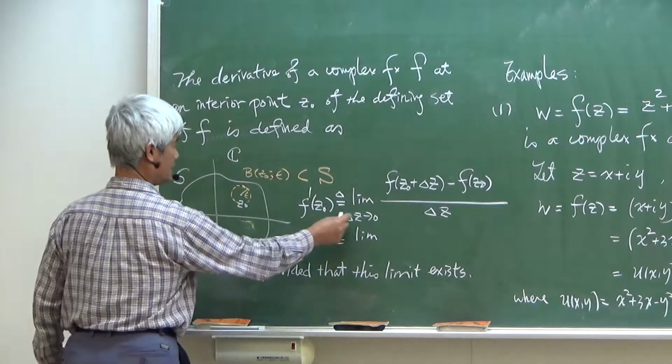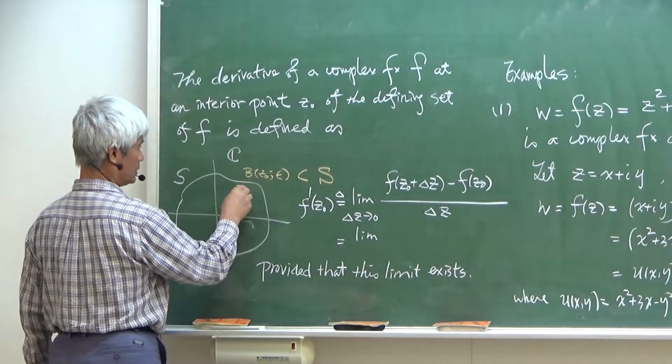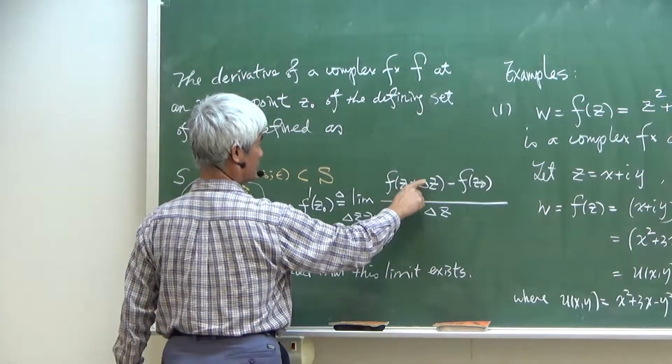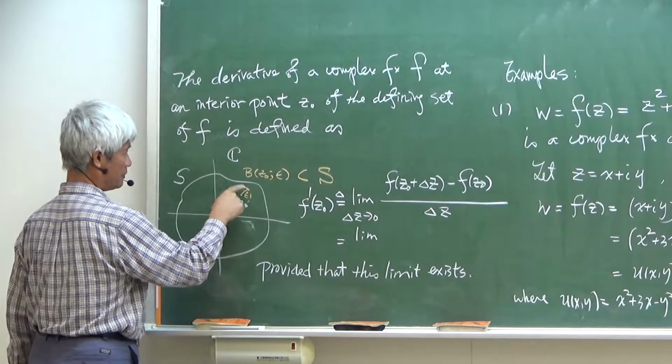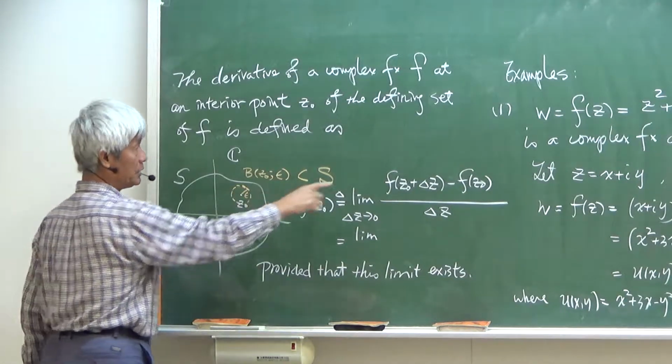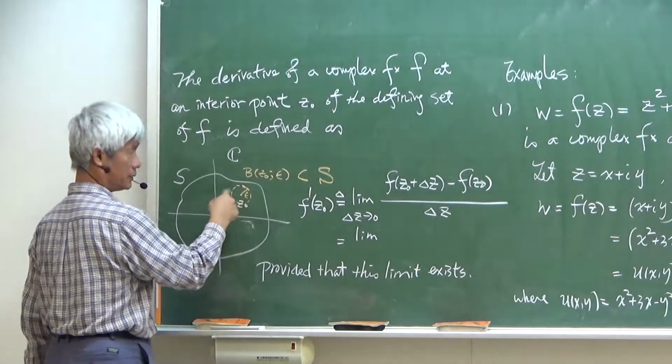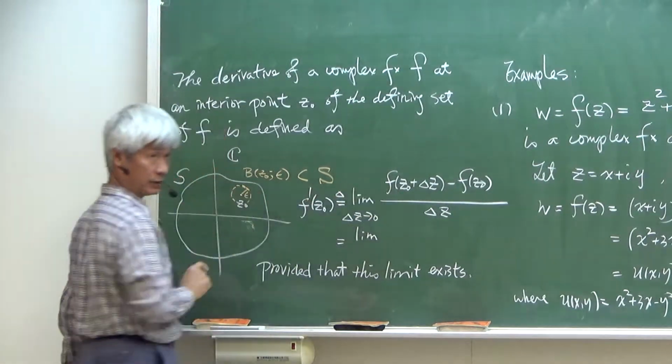So as delta z goes to 0, z0 plus delta z is in this neighborhood, and we need f to be defined in this neighborhood, otherwise you cannot have a value there.